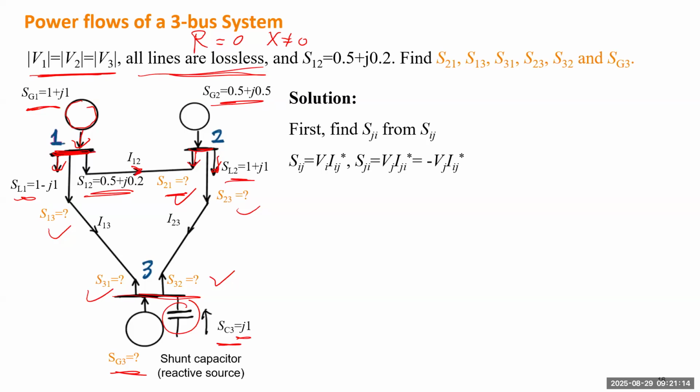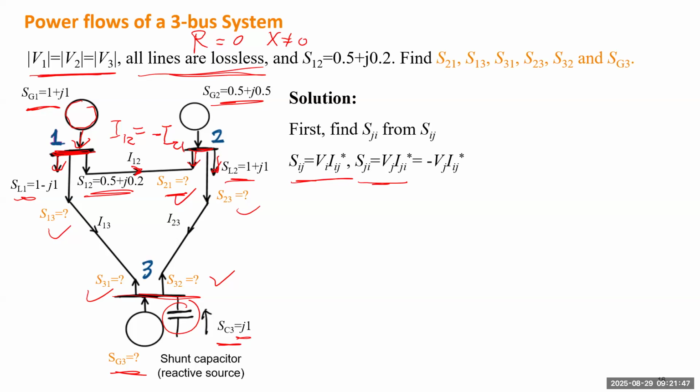By definition, Sij will be Vi multiplied by the conjugated Iij, which is the current leaving bus i. And Sji is the voltage Vj multiplied by Iji star. We know I12 is negative I21, right?